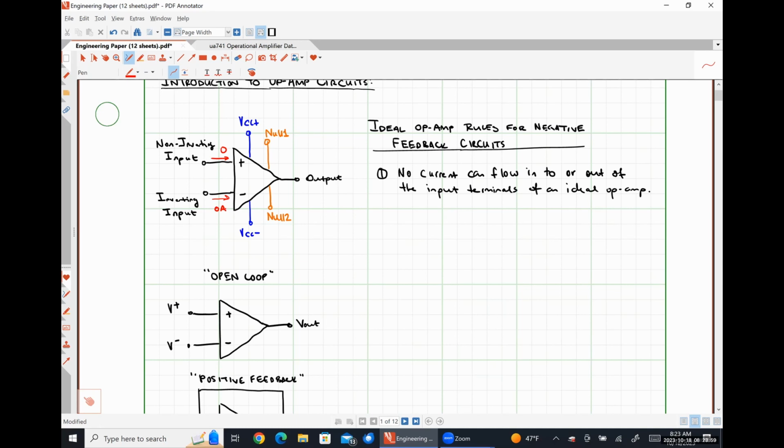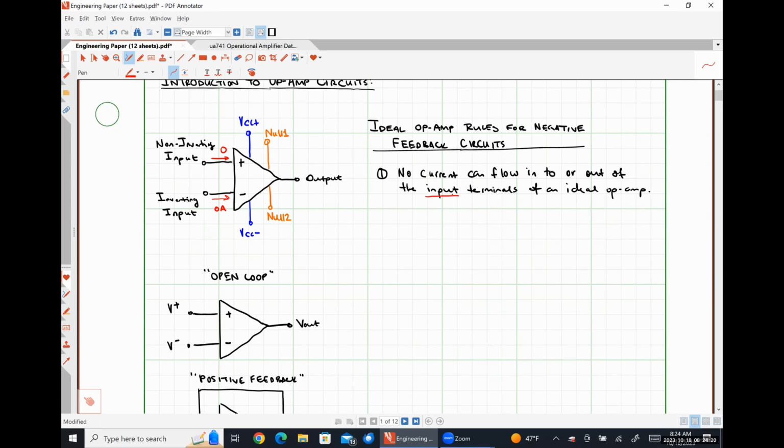So it's even higher, okay? So even in our worst case scenarios, if we are biasing our op amp circuits using kilo ohm scale resistors, we're going to see effectively no current flowing into or out of our input terminals. And so that's where this rule is coming from.